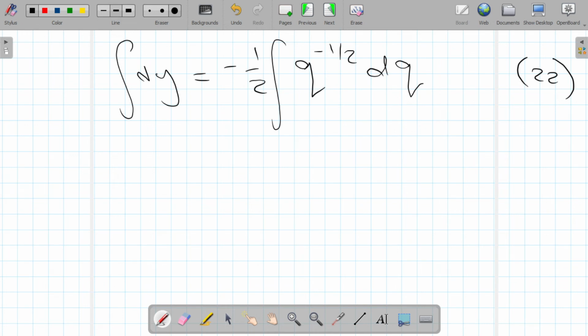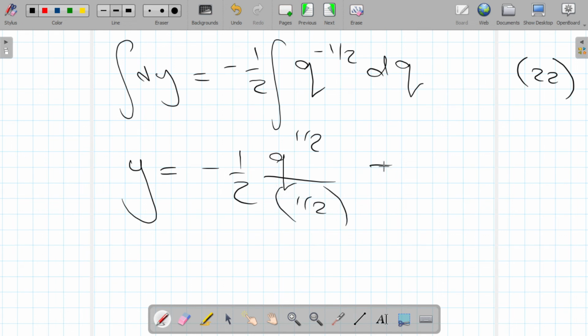So the left-hand side integrates to give y, and then we're left with minus a half. Well, what's the integral of q to the minus a half? Well, that's just q to the half divided by a half.